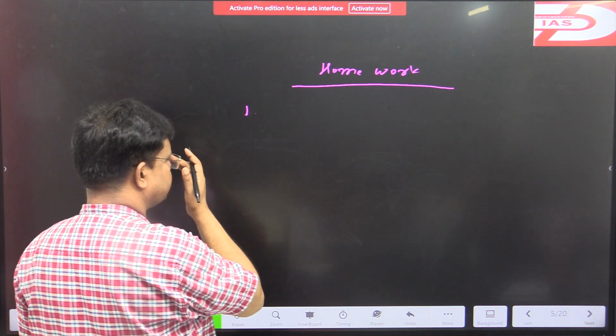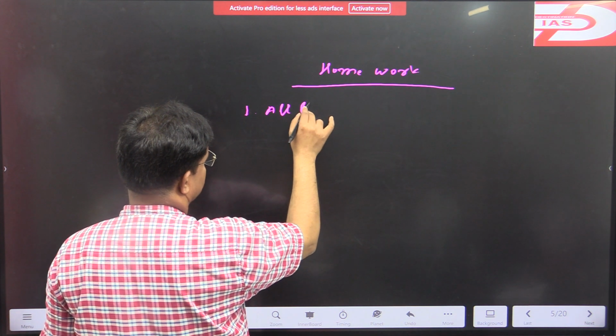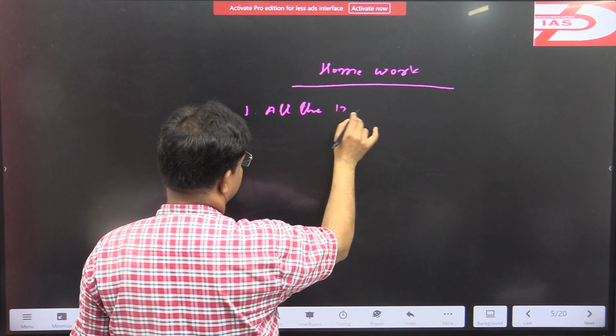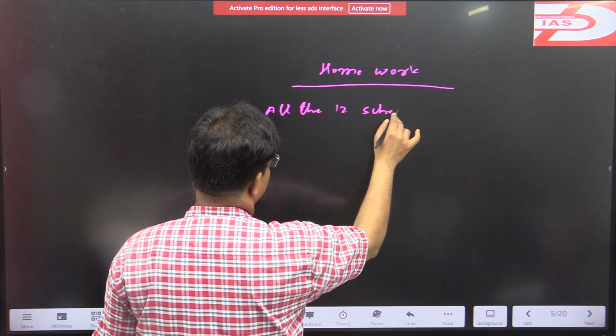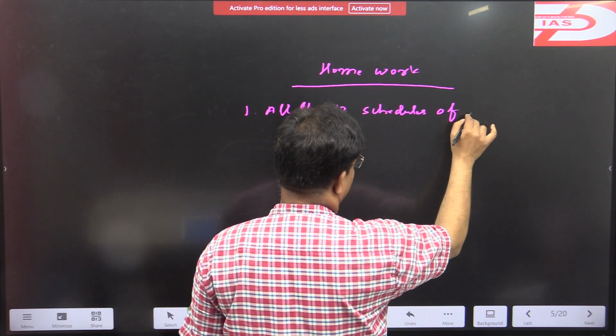Number 1, all the 12 schedules of the Indian Constitution.